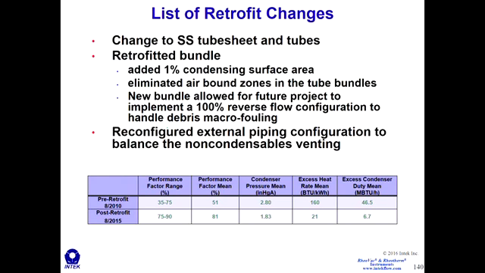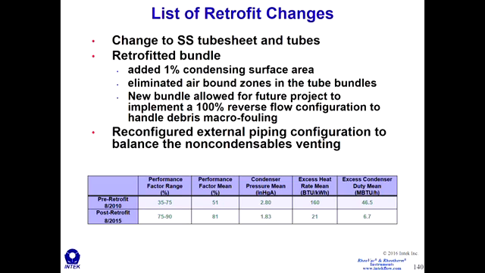And so here's the results. During the outage, the condenser tube material was changed from Admiralty to stainless steel. We also had the opportunity to change the pattern of the stainless steel tube sheet. Now we didn't change any of the support plates, but we did change the tube sheet pattern, and we added about 1% condensing surface area. We eliminated the airbound zones.